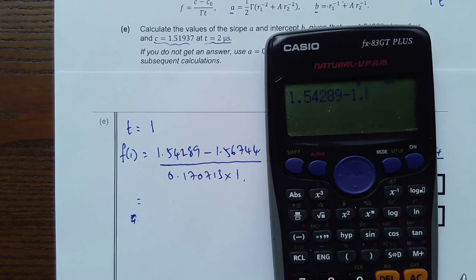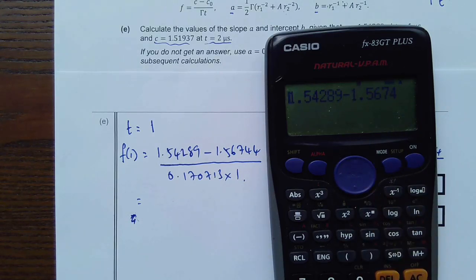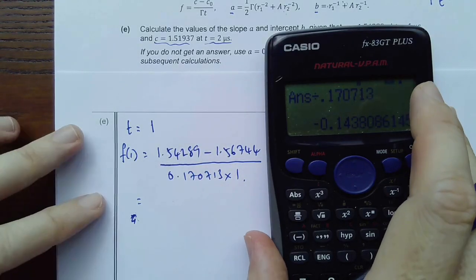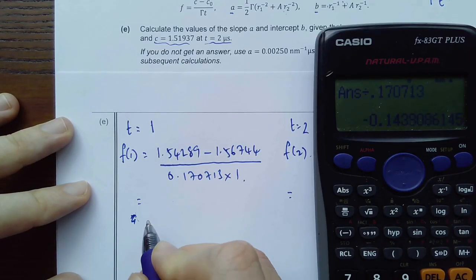1.54289 take 1.56744. I'm missing a 4. Just because it says to do it to the correct number of decimal places in this question. Divide by 0.170713. Okay. So I'm going to give myself 6 significant figures.